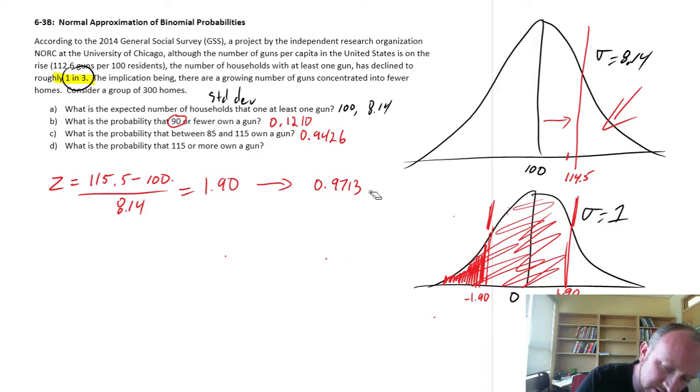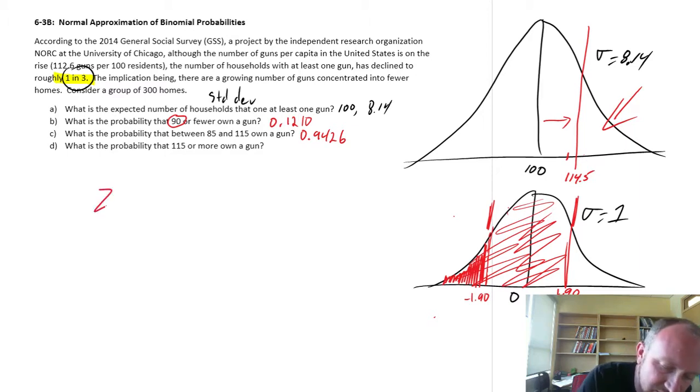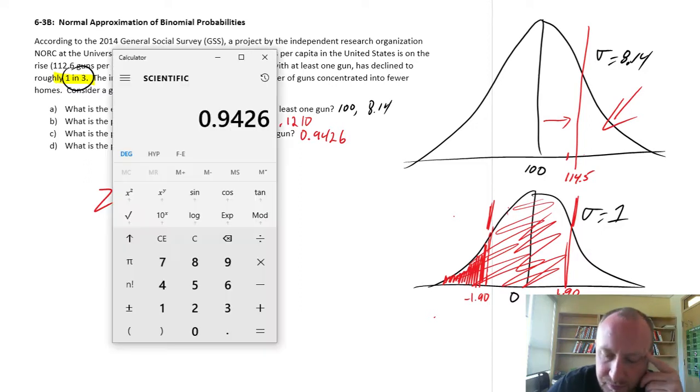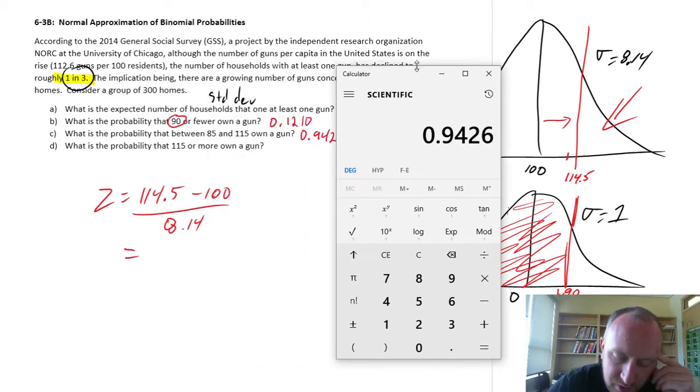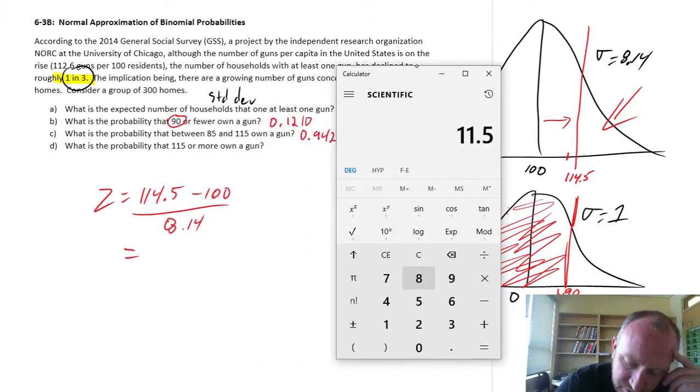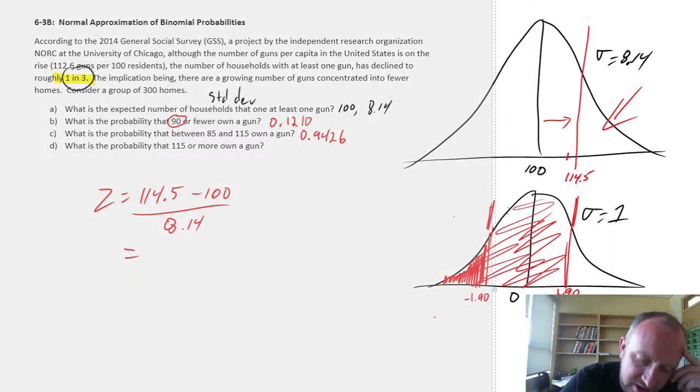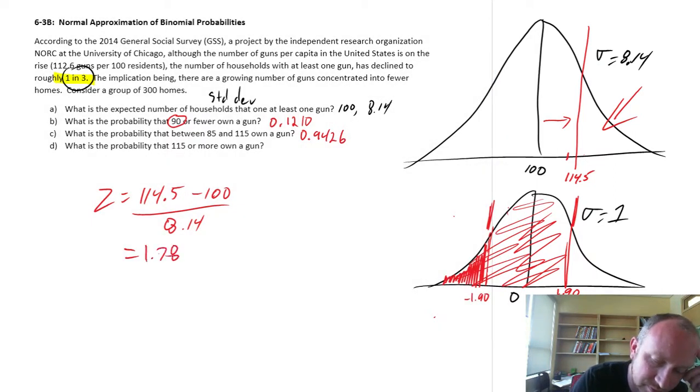Now I'm going to look up the Z that corresponds to 114.5: 114.5 minus 100, divided by 8.14, is 1.78.